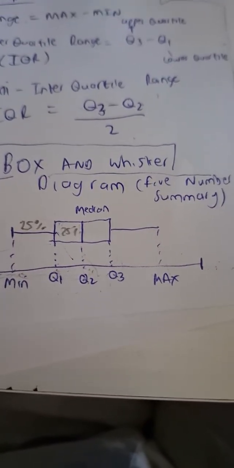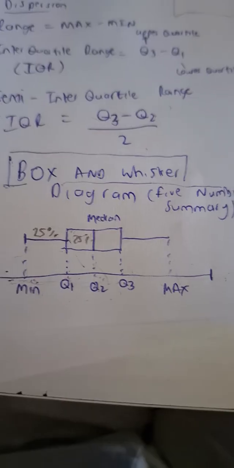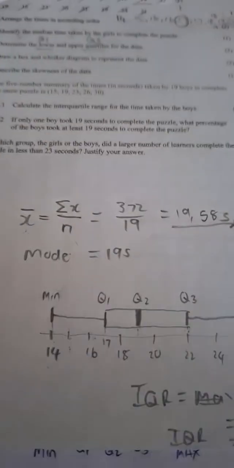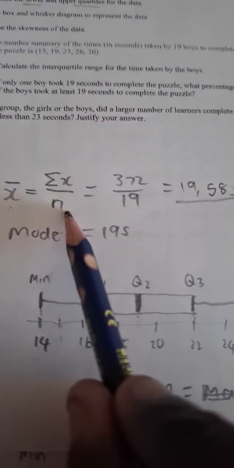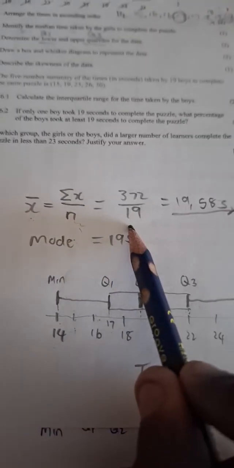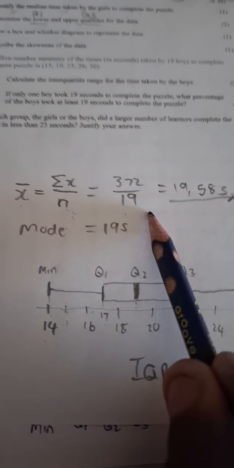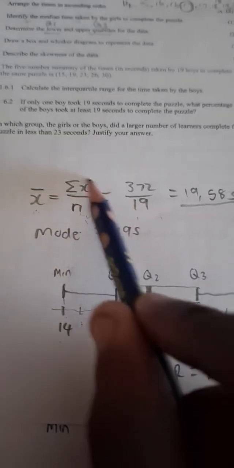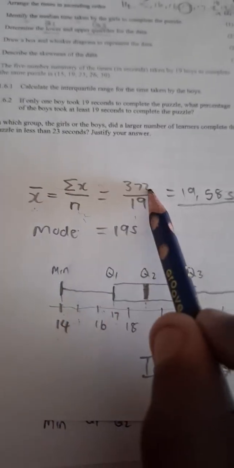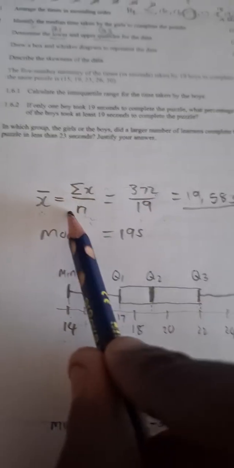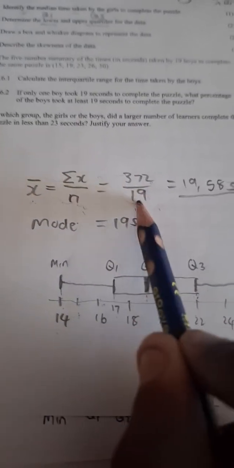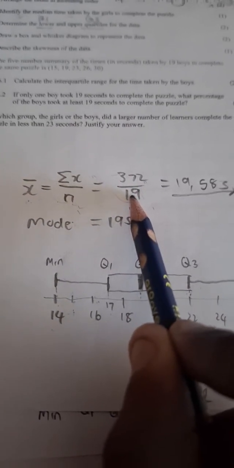We were supposed to calculate the mean. The question was to calculate the mean time that the 19 girls were able to finish their puzzle. So we took the sum of the data values, we added them all together, and we divided by the number of data values, the number of girls.